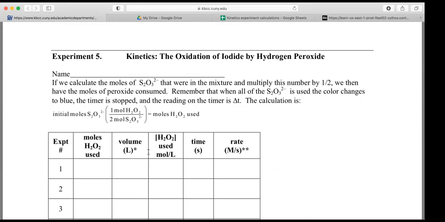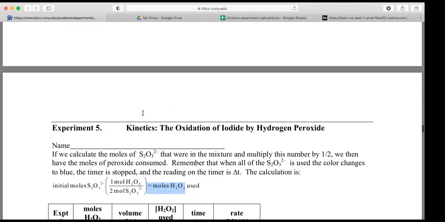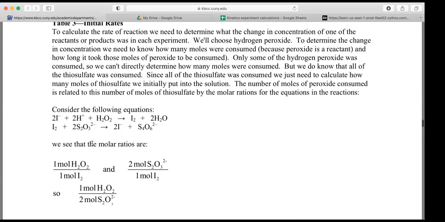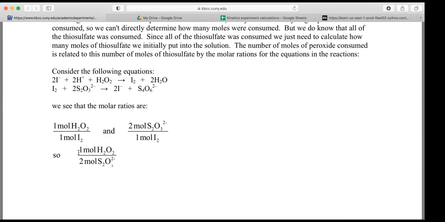We're now going to find the moles of hydrogen peroxide used, H2O2. To do that calculation, we use the stoichiometry of the reaction. The stoichiometry works out that for every mole of H2O2 that reacts, 2 moles of thiosulfate, S2O3, react.